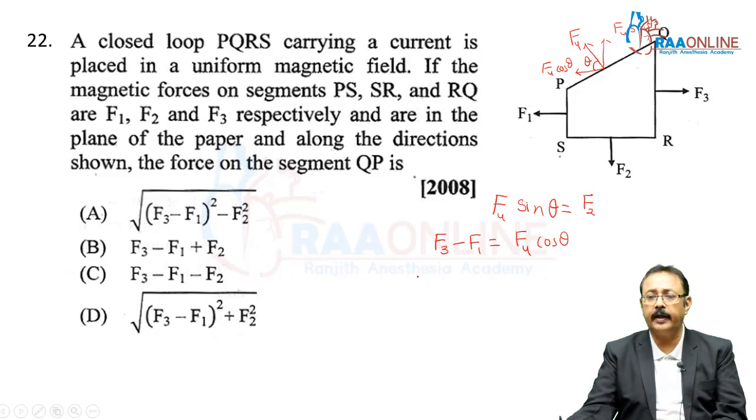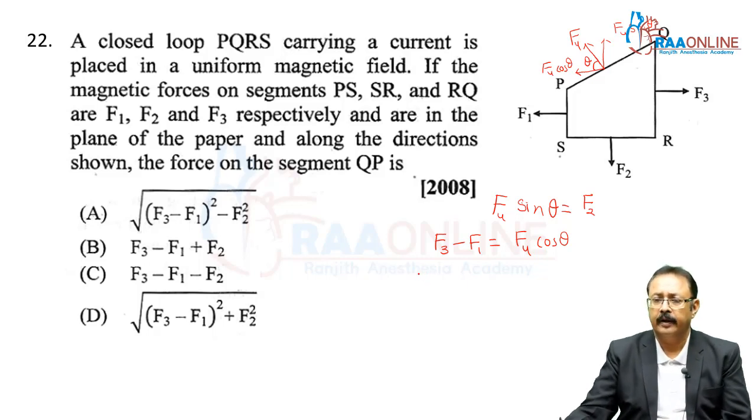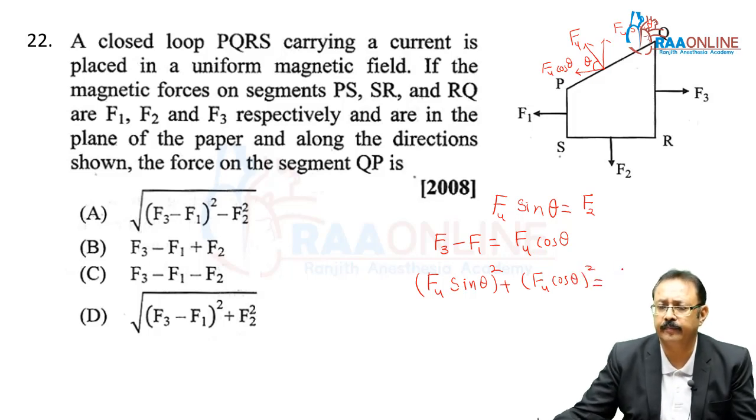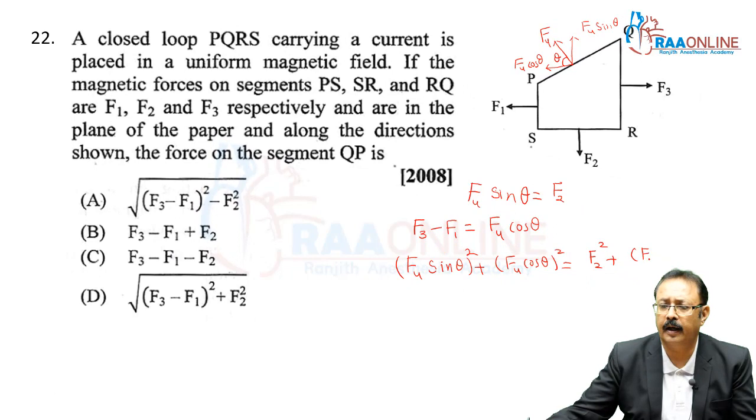We want to calculate F4. By squaring and adding F4 sin theta plus F4 cos theta, what we are getting is F2 squared plus (F3 minus F1) squared.